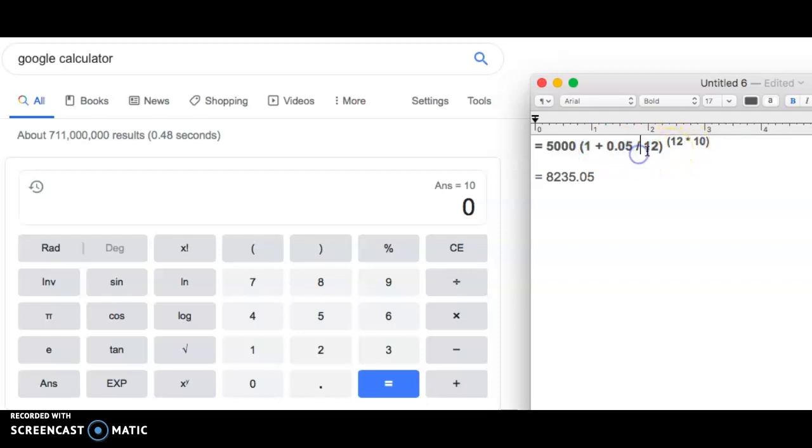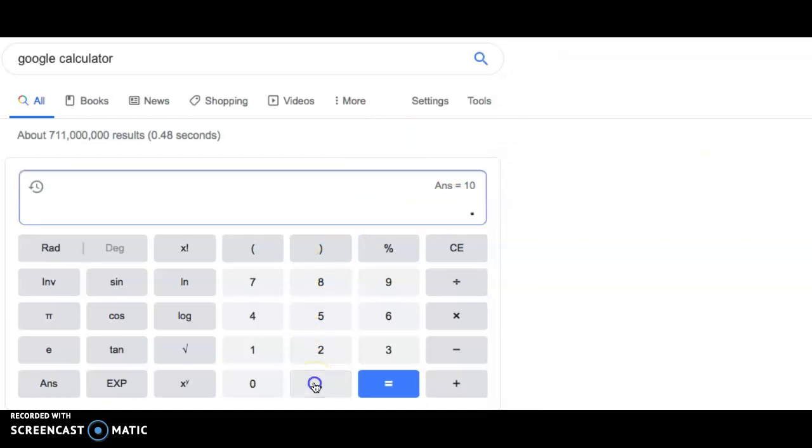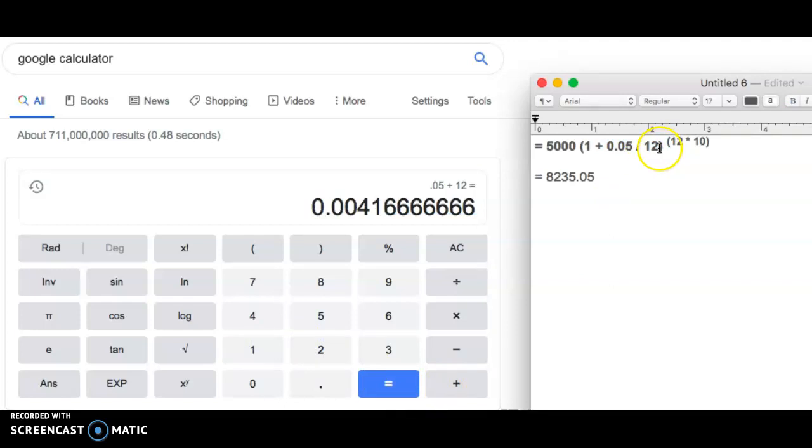So my suggestion, let's do this. I'm going to do 0.05 divided by 12. There's two ways you can do it. I can just click it here, 0.05 divided by 12, okay, and I can get that. Another way that's even faster is I can just highlight it. I can copy.